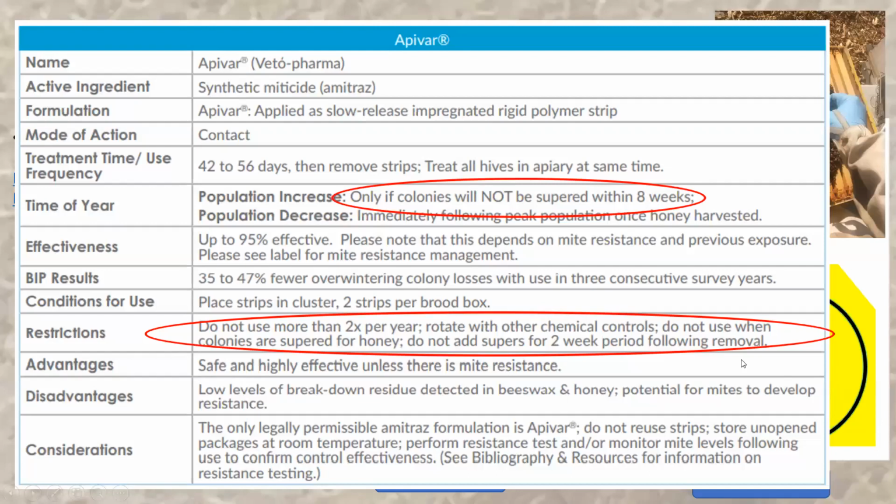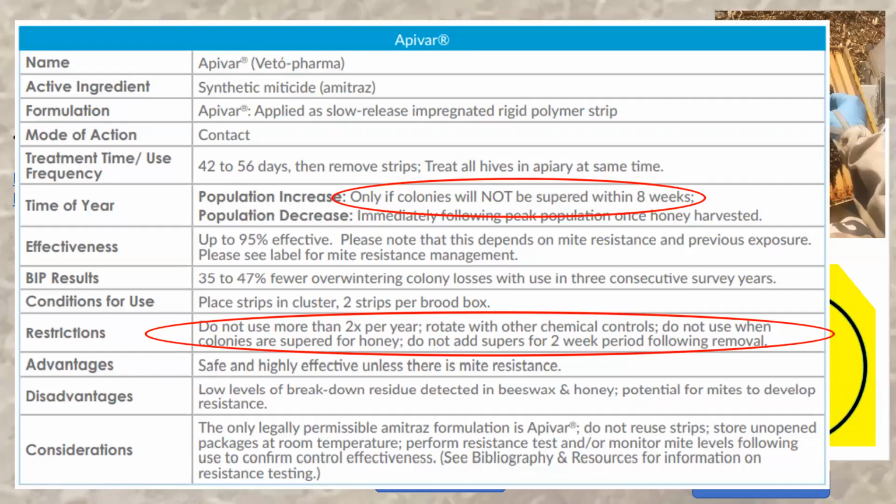So I want to add my honey supers on April 1st. So I need to take my Apivar out two weeks prior, and 56 days prior to that day, I'm putting the Apivar in.